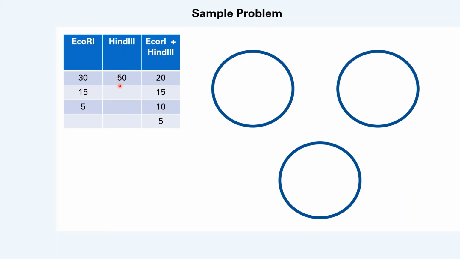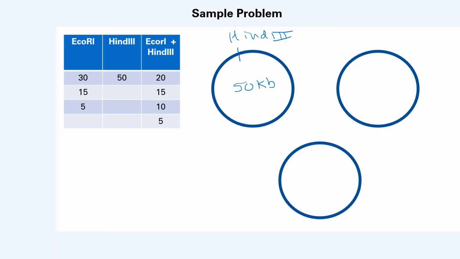So always go for the least number of segments and lay it out. So I'm going to say here, this is where your HindIII is cutting. And because it gives you only one band, that band actually tells you the size of the plasmid, which is 50 kb in this case.